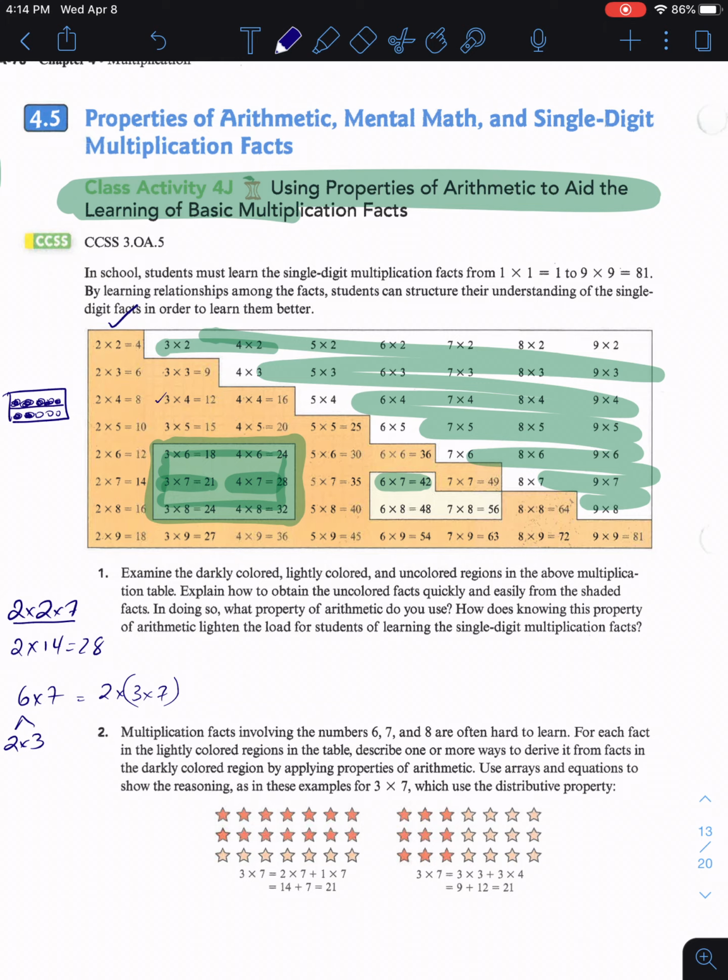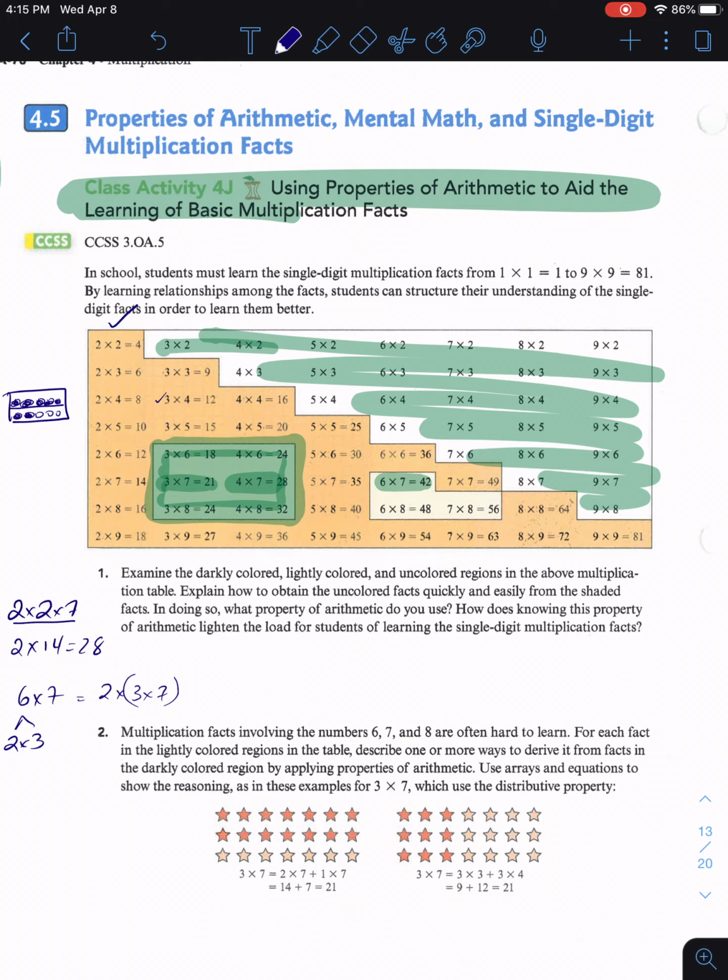All right, so let's take a look at what the questions are that they would like us to actually specifically address. So examine the darkly colored, lightly colored, and uncolored regions above multiplication table. Explain how to obtain the uncolored facts quickly and easily from the shaded facts, and what property do you use?